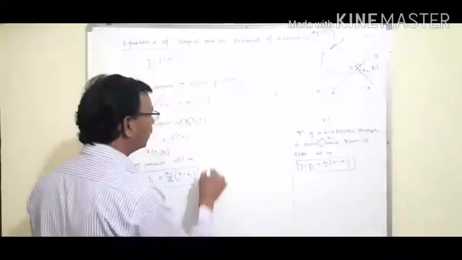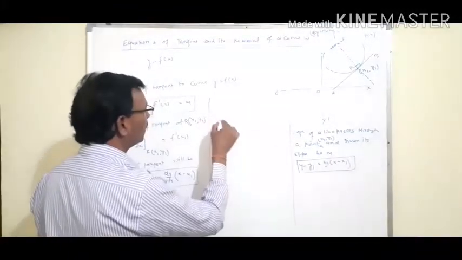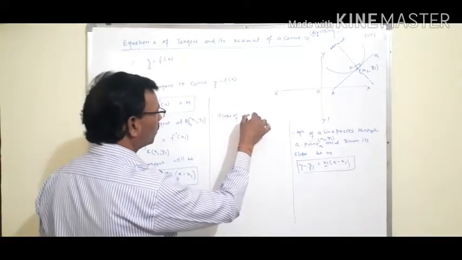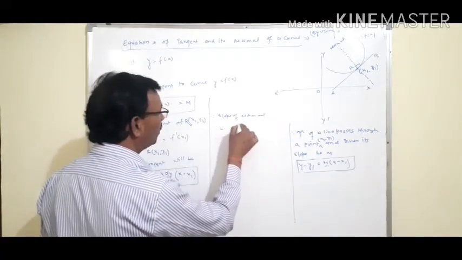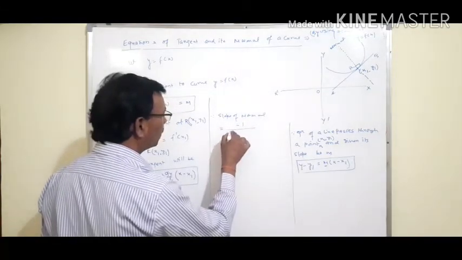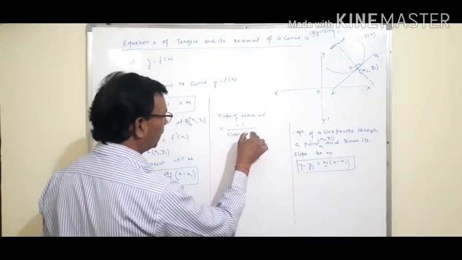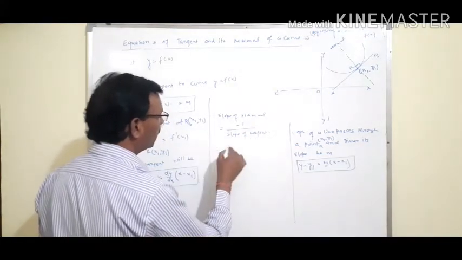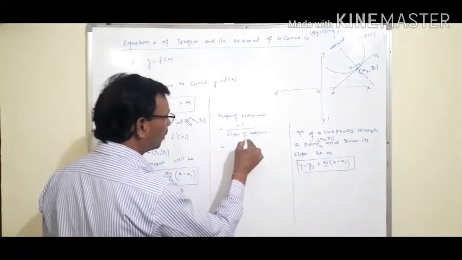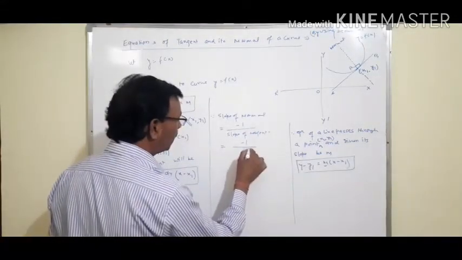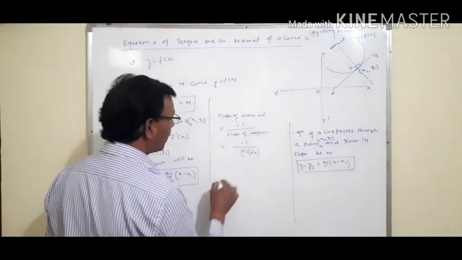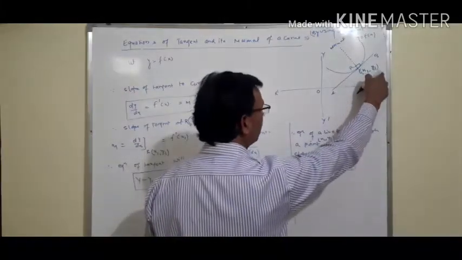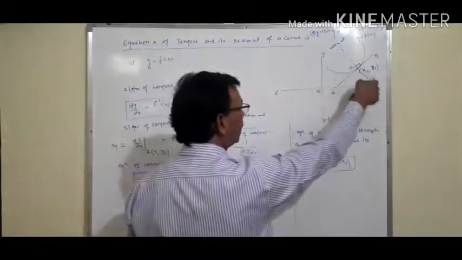Since we know that slope of normal is equal to minus 1 upon slope of tangent. Therefore, this will be equal to minus 1 upon dy upon dx. And normal passes through the same point x1 y1, and this is also a line.